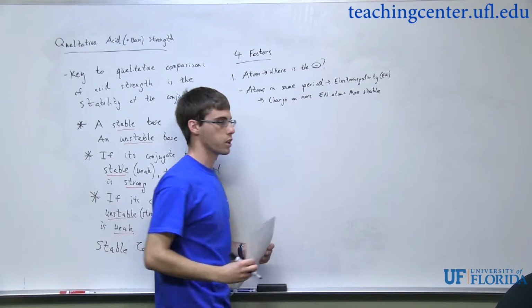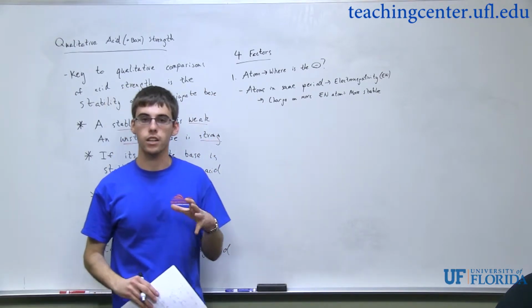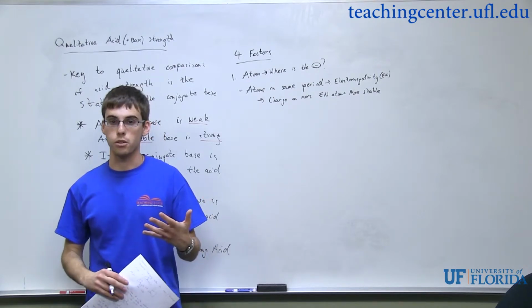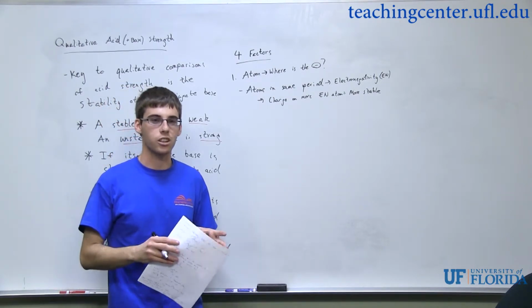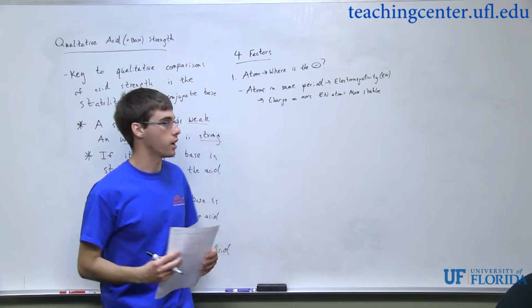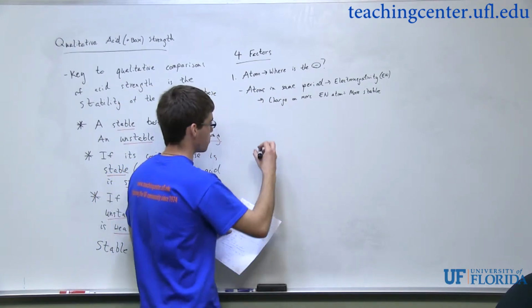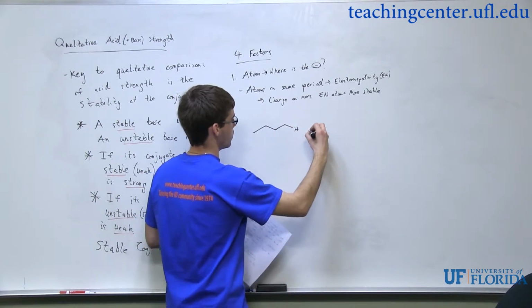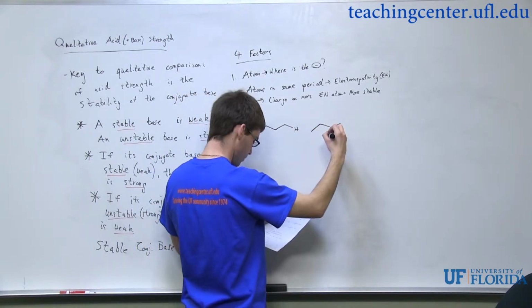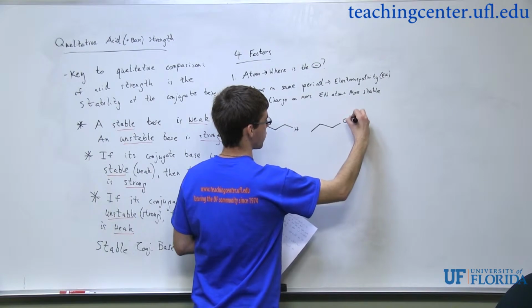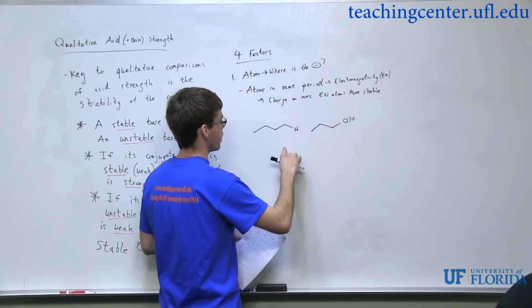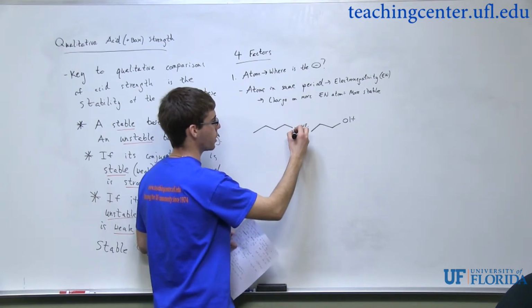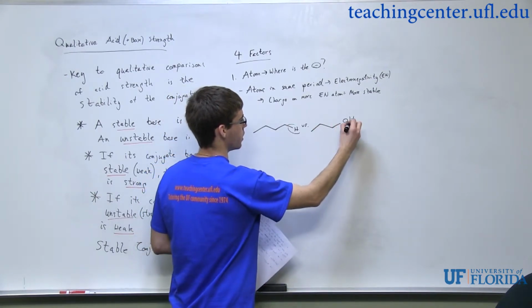This should make sense, because if you have an atom that has a higher electronegativity, that means it can handle a negative charge better, so it can stabilize it better. An example of this would be if I were to compare these two molecules. Which one is more acidic? I'll deprotonate right here and right here.